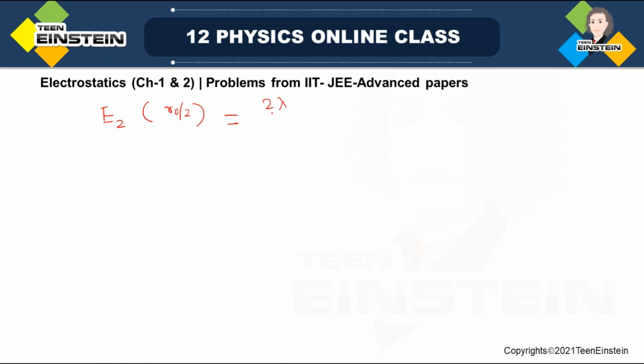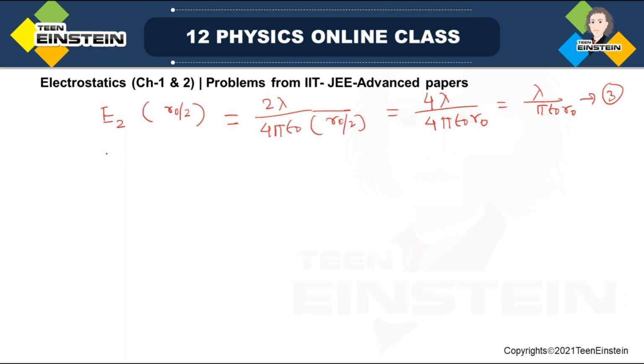So for the line charge, 2 lambda by 4 pi epsilon naught, with R0 by 2 we have to write here. So what we get is 4 lambda by 4 pi epsilon naught R0. The 4 goes off, so we get lambda by pi epsilon naught R0. Let us call this equation number 1.